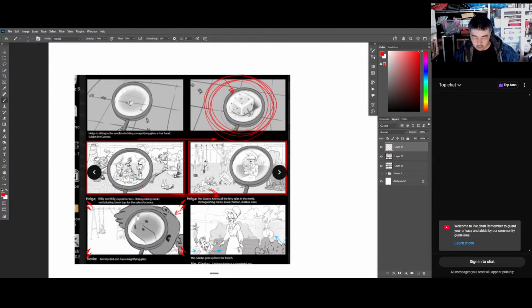I want to know... well, numbering would help. 1, 2, 3, 4, 5, 6. And okay, so then this little boy comes through. Also has a magnifying glass.